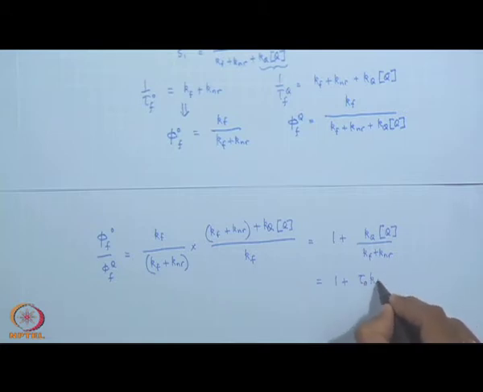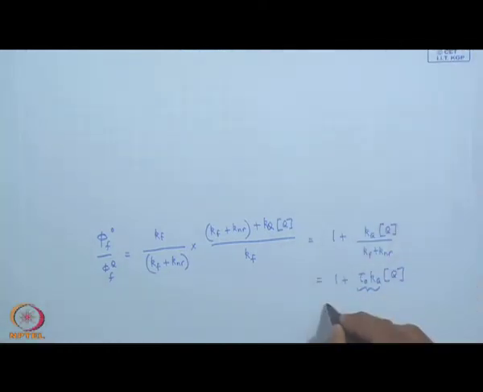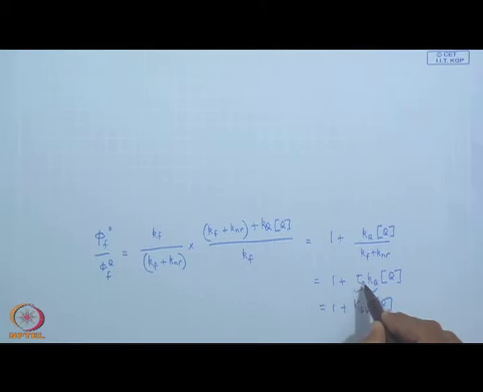So, you have 1 plus k q tau 0 into Q, and you can call this as a new constant, 1 plus k s v into Q. So, this is called the Stern-Volmer constant. Okay. So, this Stern-Volmer constant contains your lifetime in absence of any quencher and the rate constant for the bimolecular quenching.